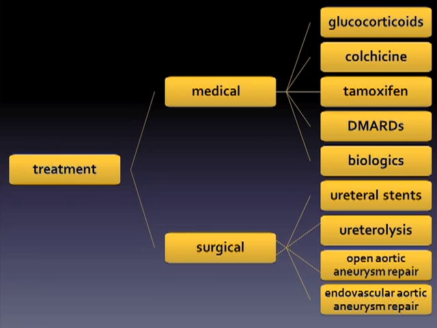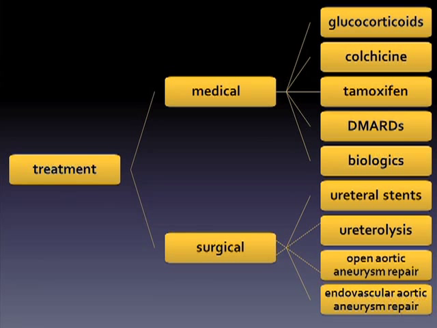A few words about treatment. We use a lot of drugs, but there are no randomized, double-blind, placebo-controlled trials. So I could stop right here. We also use surgical methods, and many of these patients end up having ureteral stents.